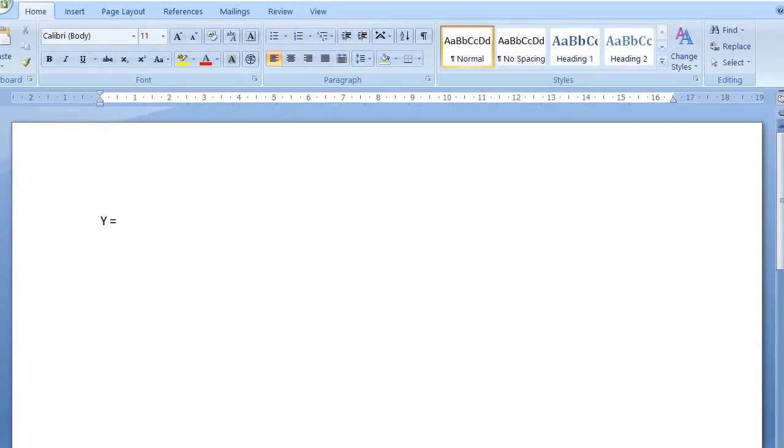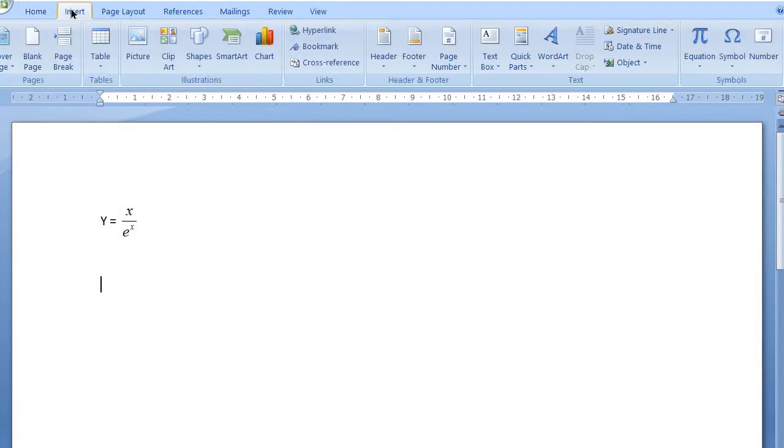Y equal to, I just put this one first. Okay, then now I want to differentiate this. Then we go to insert, and then equation.